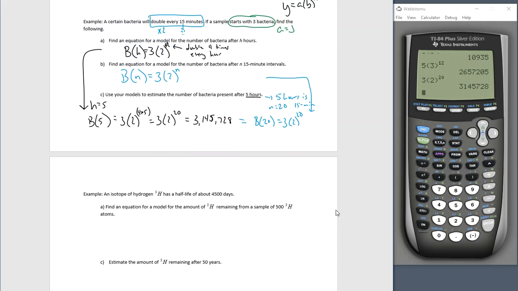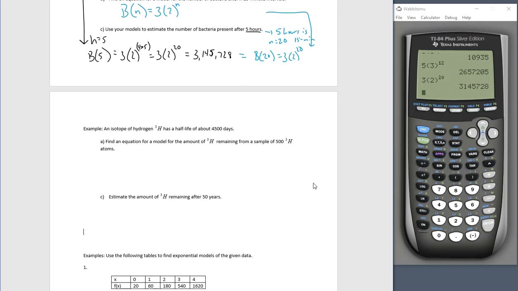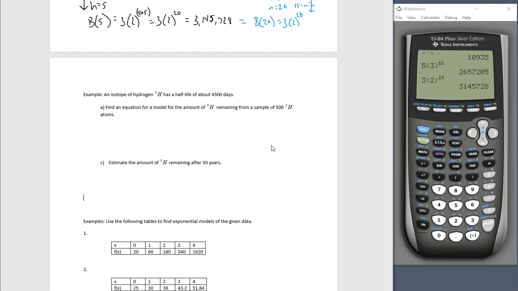All right, so this is when our doubling or tripling or multiplying by takes less time than our units. And here we're going to go for more time than our units, I believe. Let's take a look. An isotope of hydrogen, H3, has a half-life of about 4,500 days.